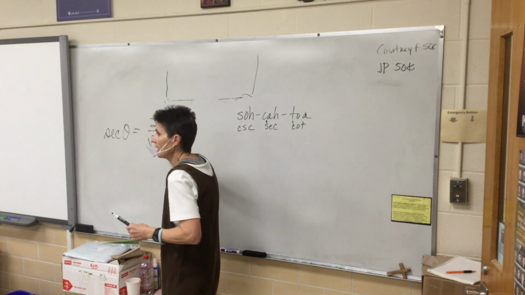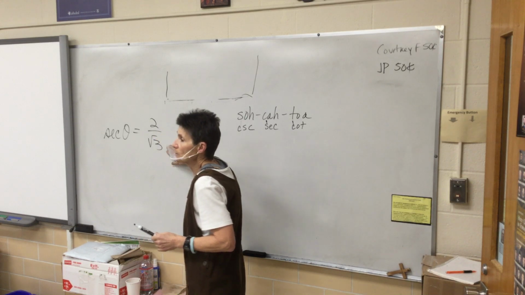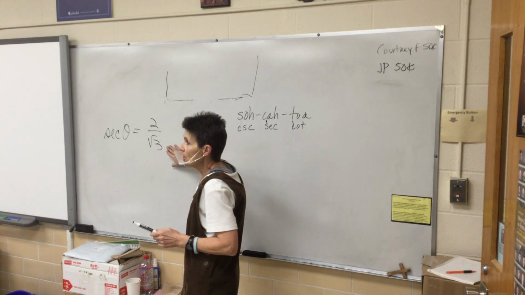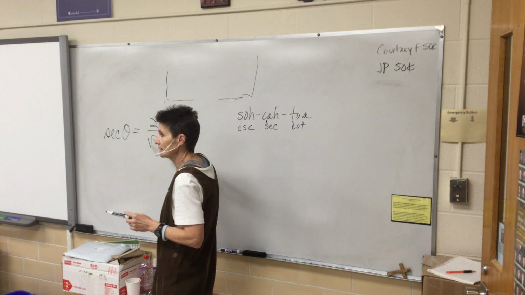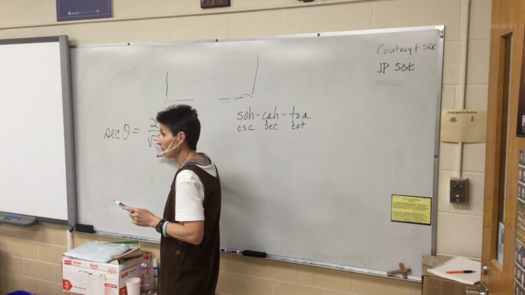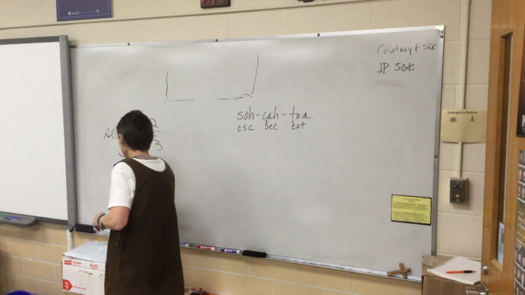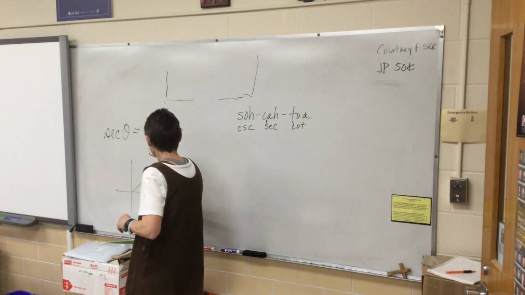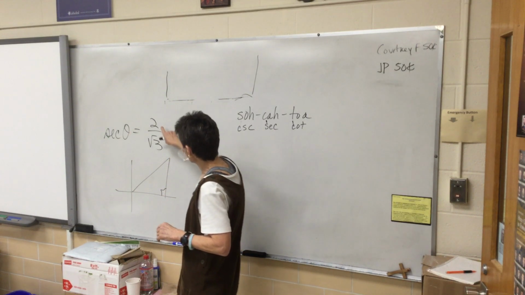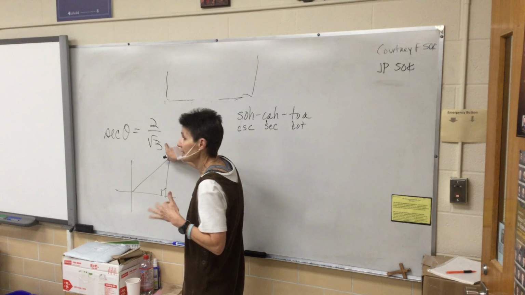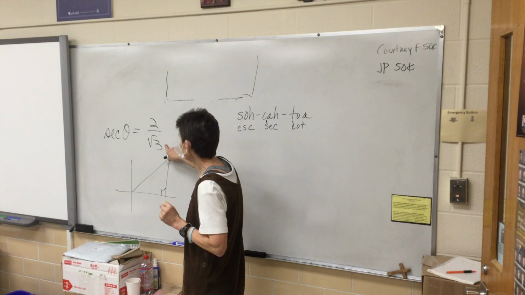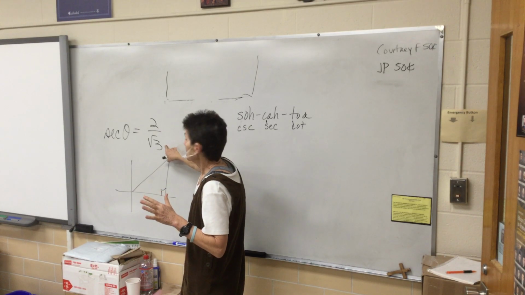I just rationalized it. Remember, we're not supposed to have a radical in the denominator, so that really isn't a good way to read the answer, but I left it that way on purpose because it's going to be easier to draw. So I'm going to have one side is 2 and one side is √3. Okay? Now, secant.